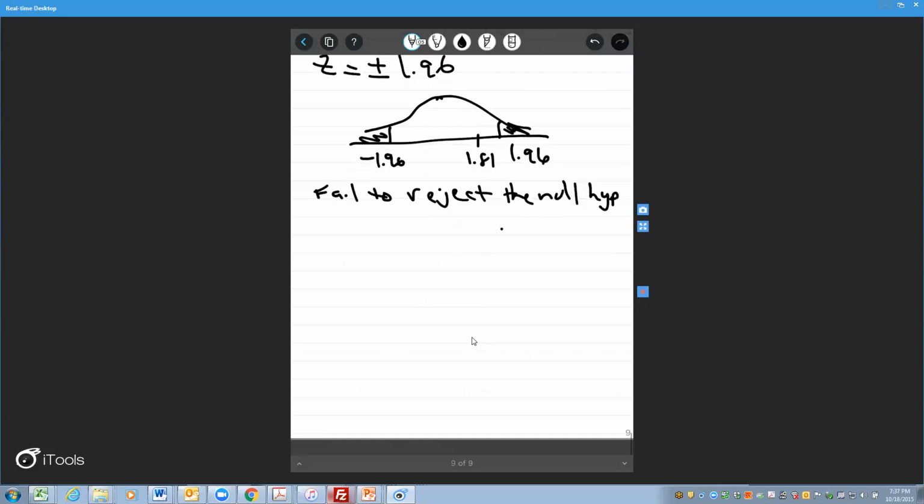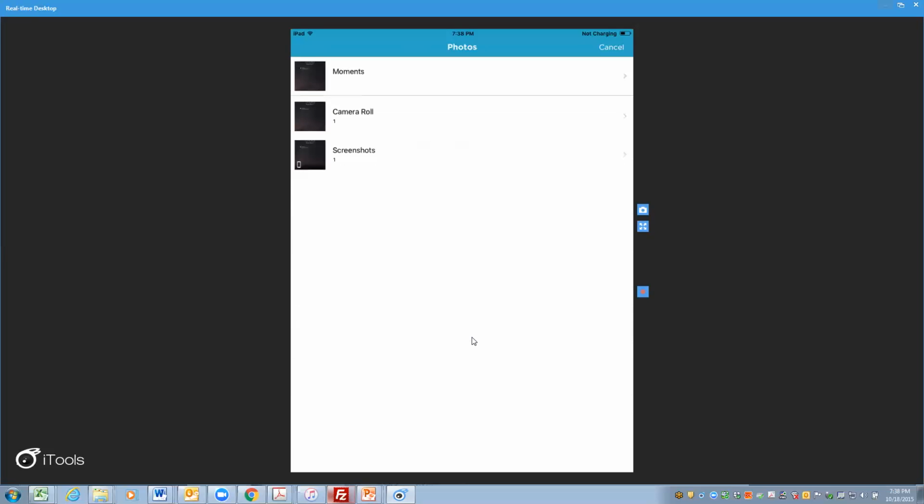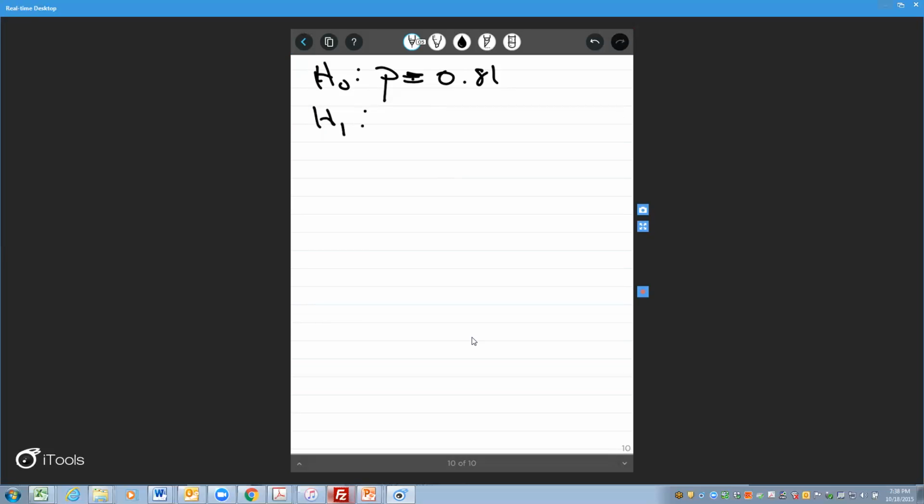So let's take another example. Let's suppose the null hypothesis is that the population proportion is 0.81, and the alternative is that P is greater than 0.81.